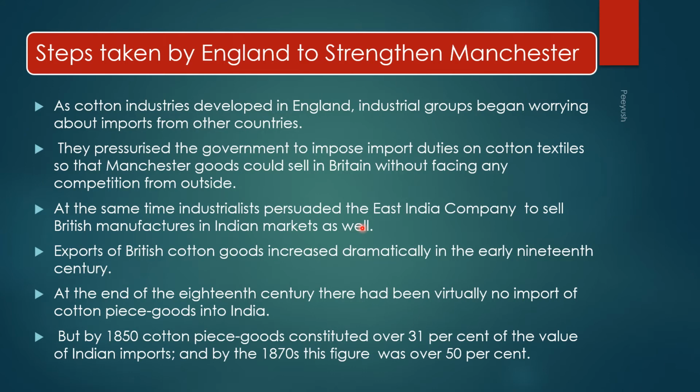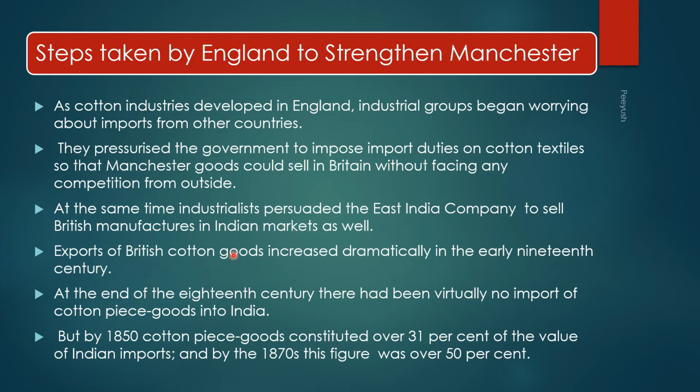So two ways. They wanted to increase the tax on import in England so that Indian products, or the products coming from other countries, would stop and Manchester would not have to face any competition from outside. At the same time, they pressurized, persuaded, convinced the East India Company to sell British products in the Indian market to get the international market. Very clear.